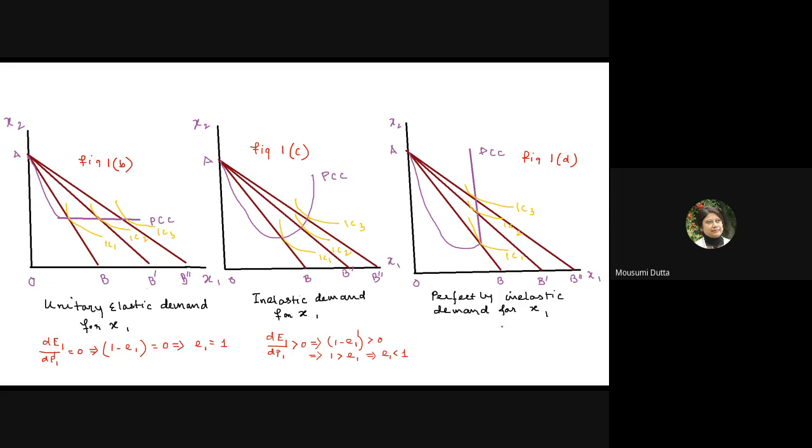Everybody could complete up to 1C, getting inelastic demand for X1.